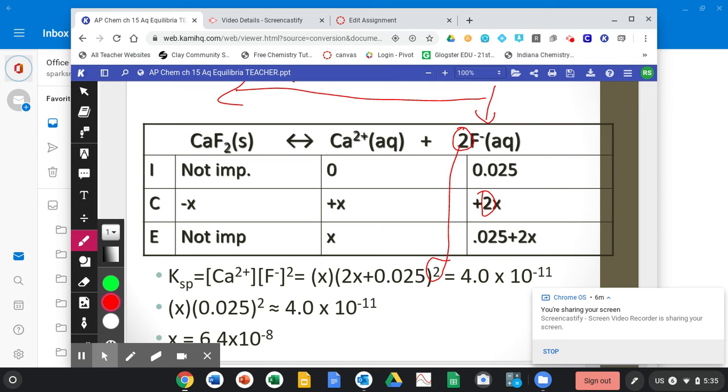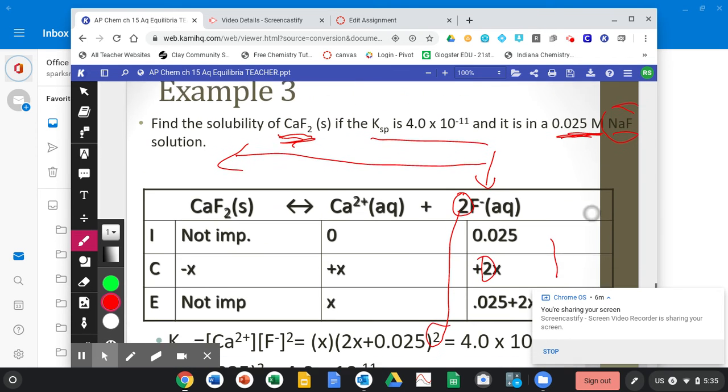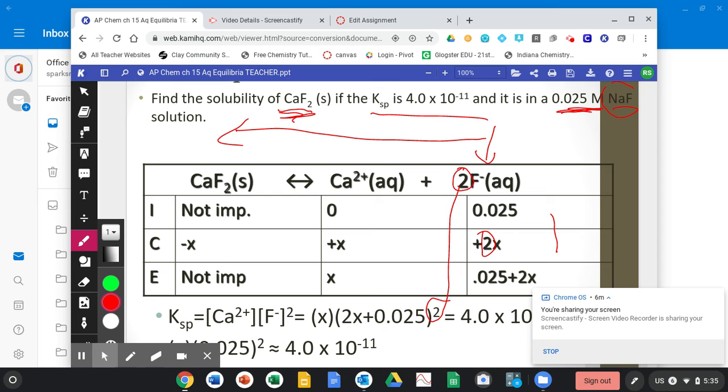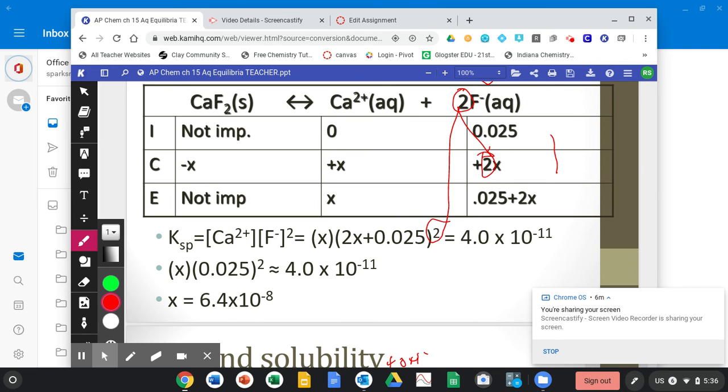You have 0 calcium, but because of the soluble salt being present, it's 0.025 molar there. And again, I have to have a 2 here because of the coefficient, so I'm using the coefficients in front of my x values. My Ksp value is equal to the calcium ion times the fluoride ion squared.